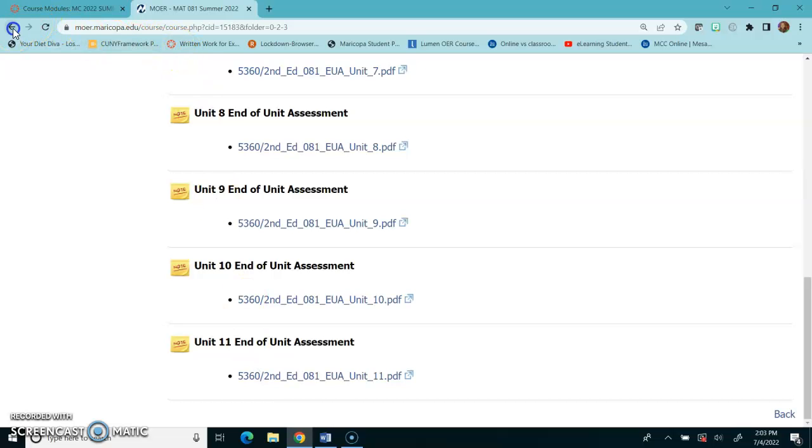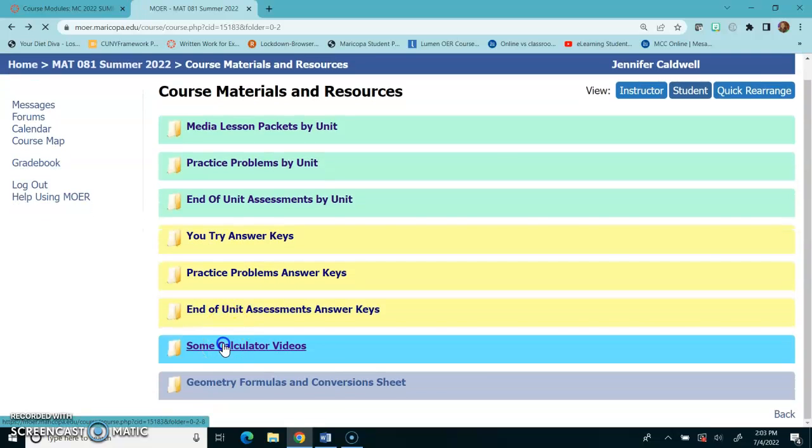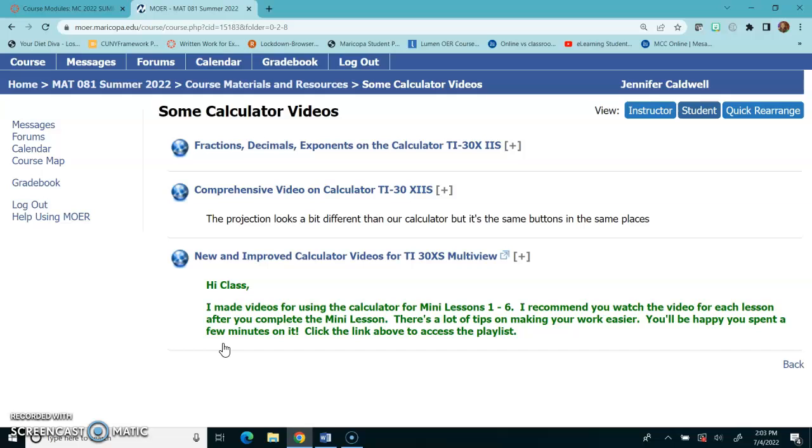And of course, we also have the answer keys. So if you were to do some of the practice problems, then you could check your work using the answer key. And if you did an end of unit assessment as a practice test, you could look at the answer keys for that.